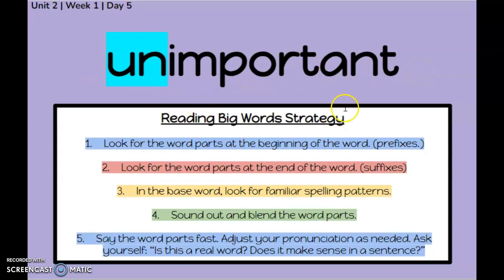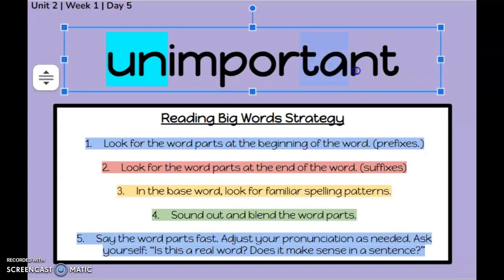Well, there's a couple in here, but I definitely notice unimportant. This last syllable has a short vowel sound and it ends in 2 consonants, N and T, making it a closed sound. Tent, tent, unimportant. So I'm going to underline that. Let's take a look at our next example.